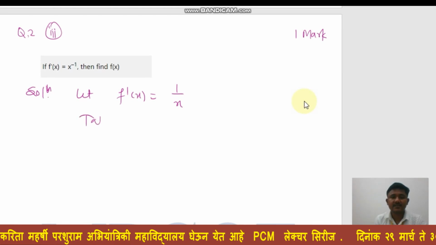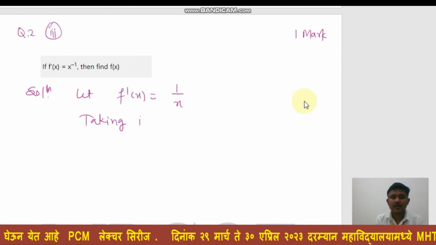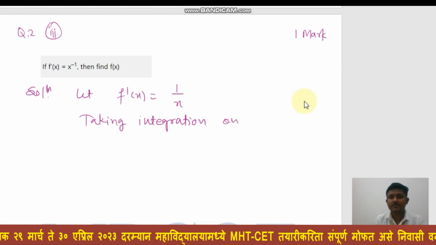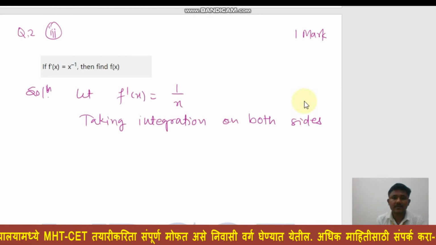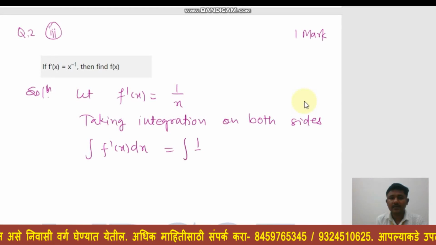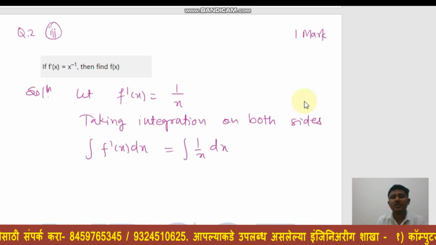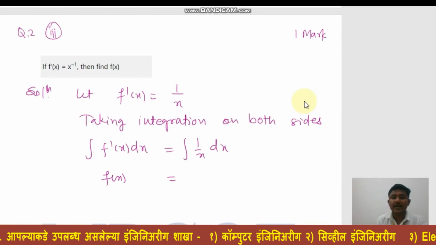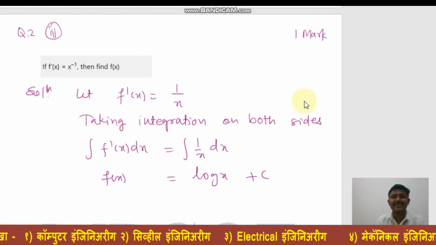So taking integration on both sides, we'll get integral f dash of x dx equal to integral 1 upon x dx. Integration of f dash of x dx with respect to x is nothing but f of x by the property, and integration of 1 upon x is nothing but log of x plus c, where c is the integrating constant.